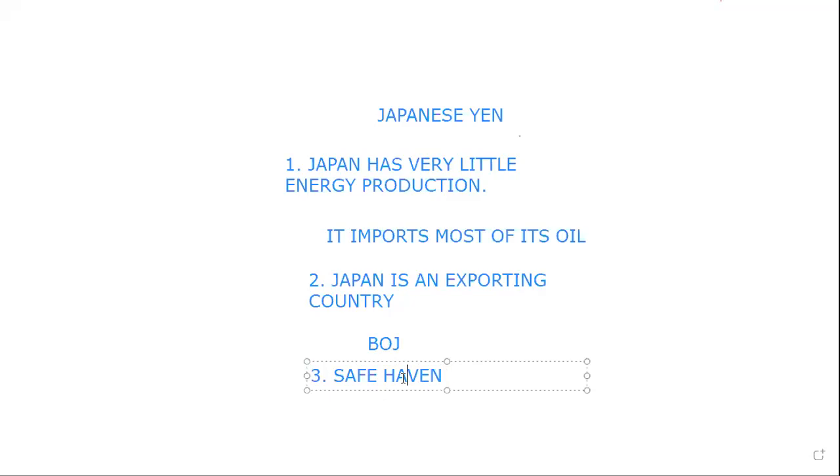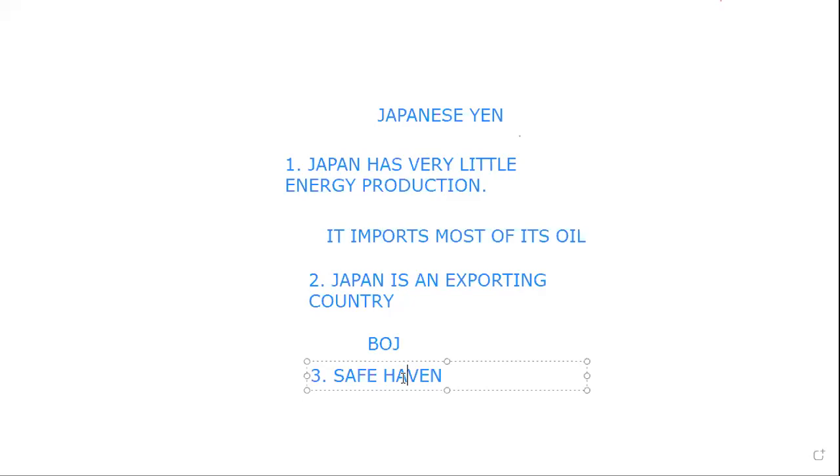For instance, last year, during the US election between Trump and Biden, the Japanese yen rose. Why? Because whenever investors see political instability in a country, they withdraw their money and invest in a country that is politically neutral.